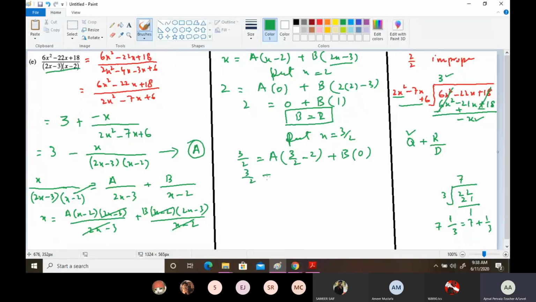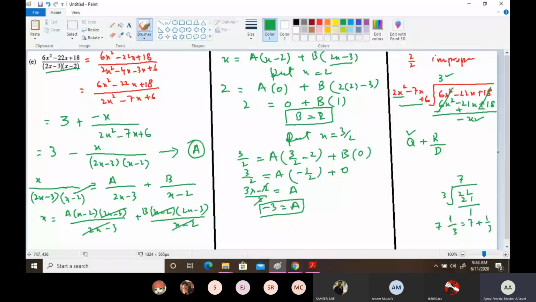Now 3 over 2 plus A. And if you simplify this, this will give you minus half. Now this 2 will go over there and the minus sign as well. So 3 times minus 2 divided by 2, 2 and 2 cancelled out. So A is going to be minus 3.